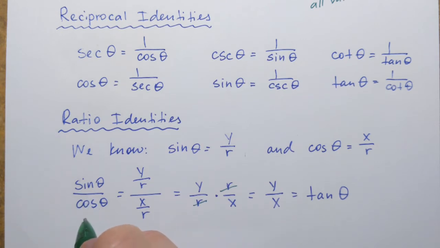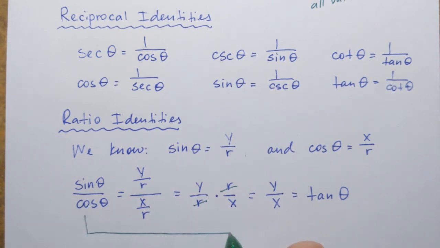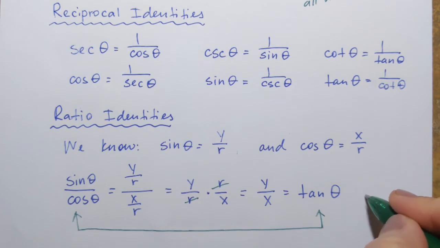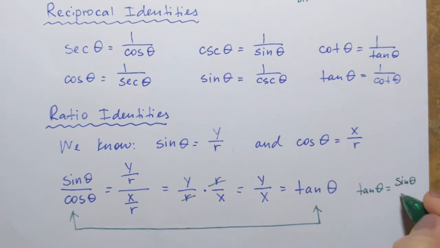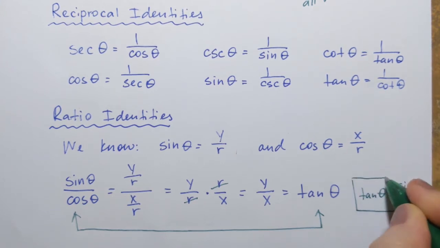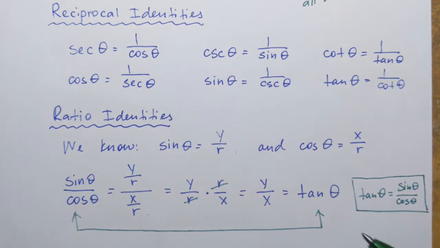And now if we look at where we started and what we ended up with, we're going to see that identity. So tangent of theta is the same as sine over cosine. I'm going to write it here. So tangent of theta is sine of theta over cosine of theta. That's one of the ratio identities. And the other ratio identity is for cotangent.